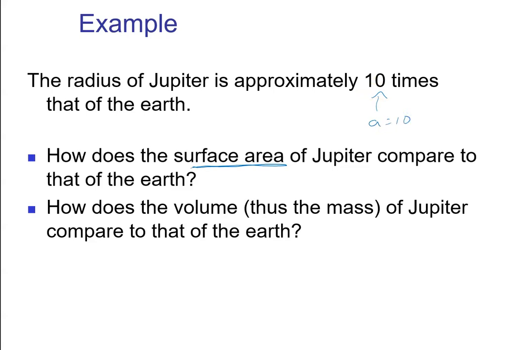If we're talking about area, this should be 10 squared, so that's 100 times bigger. And now, how does the volume of Jupiter compare to that of Earth? Again, we know A is 10. We're now referring to volume, so we're talking about 10 cubed, so you're talking about 1,000 times bigger.